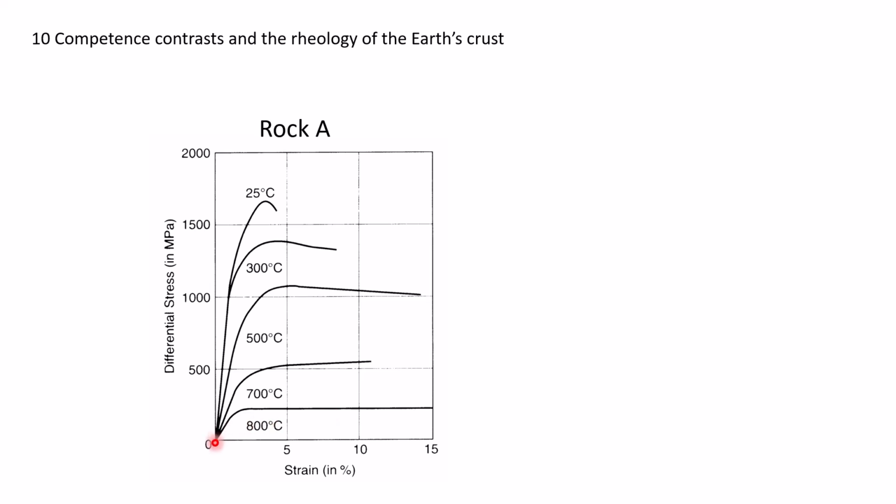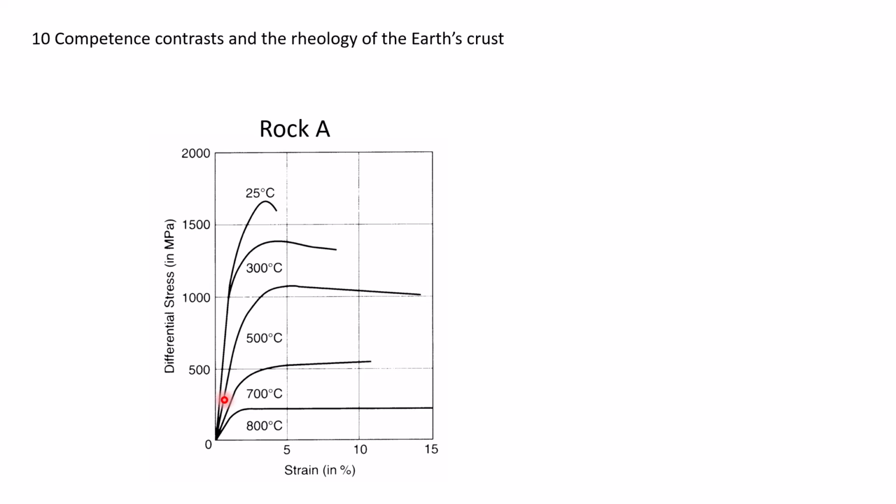We can see that rock A here required something like 1500 or 1600 megapascals differential stress to fail and to break under low temperatures, 25 degrees. At 300 degrees, still quite substantial differential stress was required to deviate from the linear elastic behavior to start and fail, and steady state flow eventually was reached at perhaps 1400 megapascals differential stress.